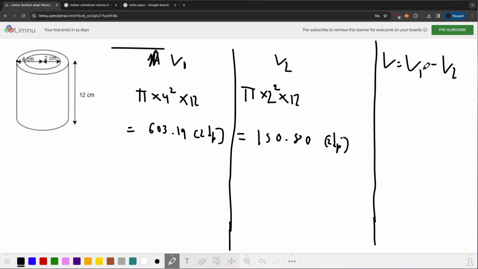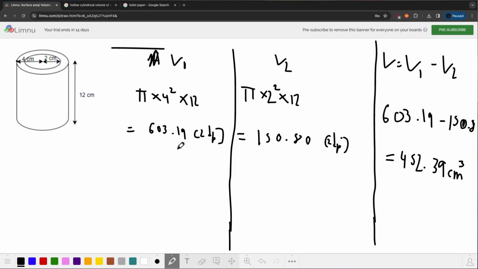So that is volume 1, which is the big cylinder, minus volume 2, which is the small cylinder, which is going to be 603.19 minus 150.8, which is equal to 452.39 centimeter cubed.